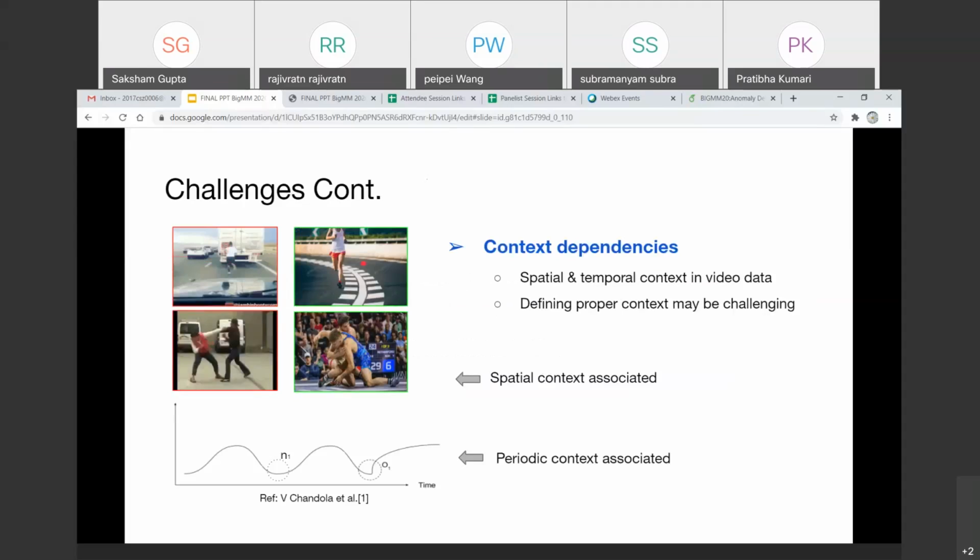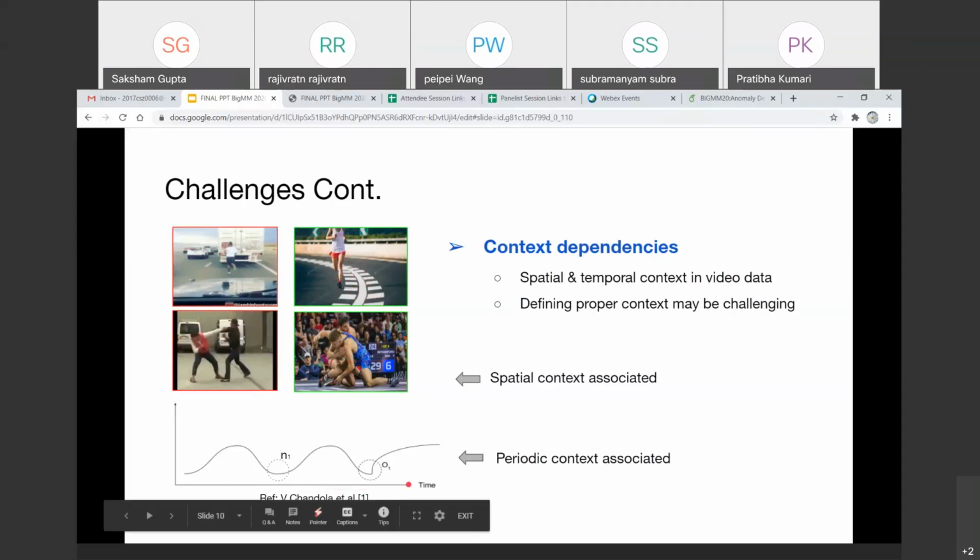In the first row, we have a running event. In the first diagram, it is an abnormal situation, whereas in the next, it is normal. The same event becomes different because of the associated spatial context. Similarly, with this fighting event. In the third example, we have periodic data.